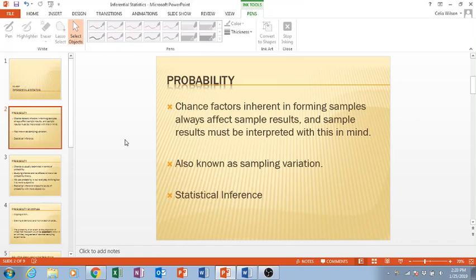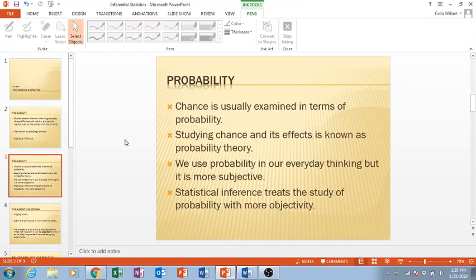So the differences among those samples that are just kind of inherent is known as sampling variation. We treat sampling variation with this idea of statistical inference. We do so through probability.